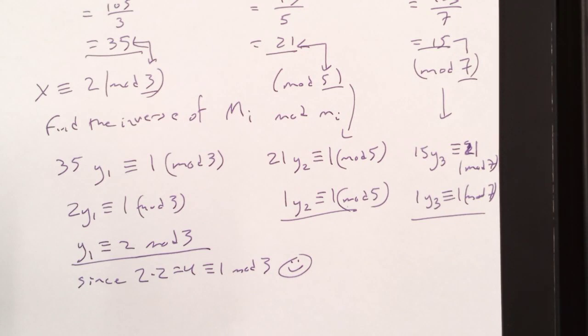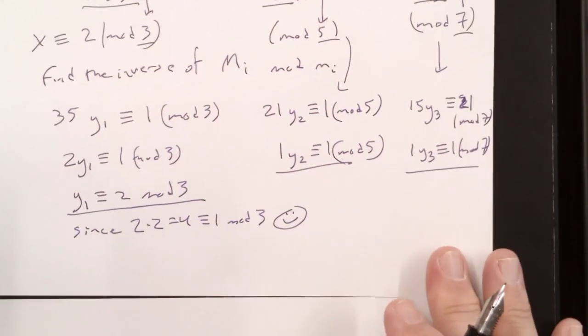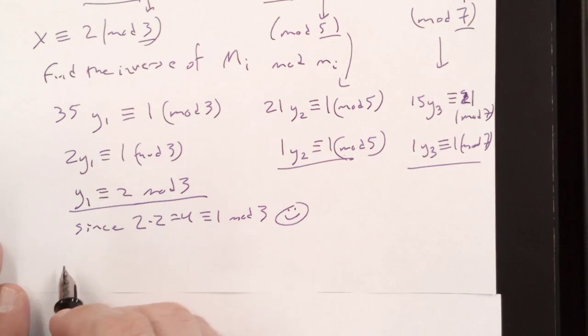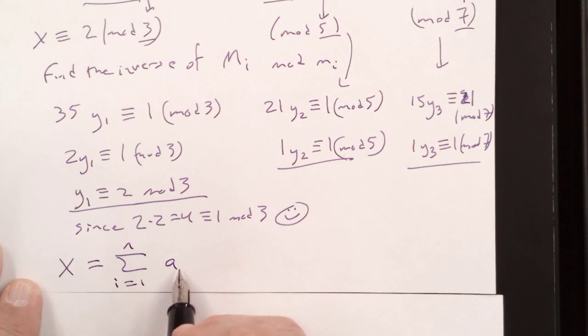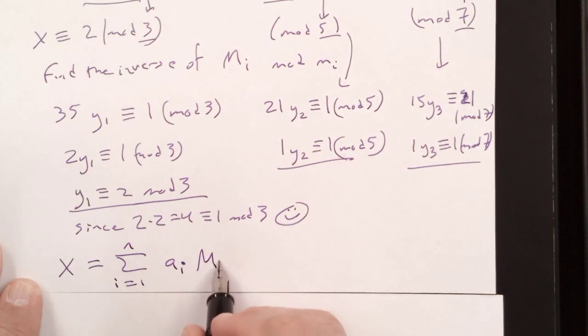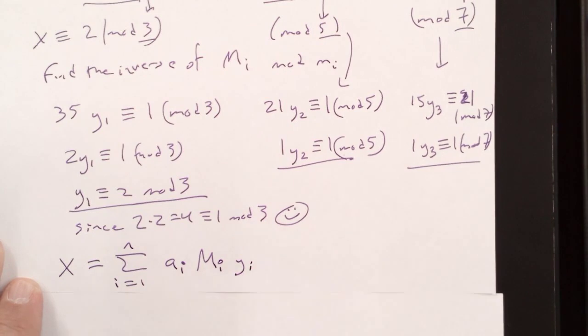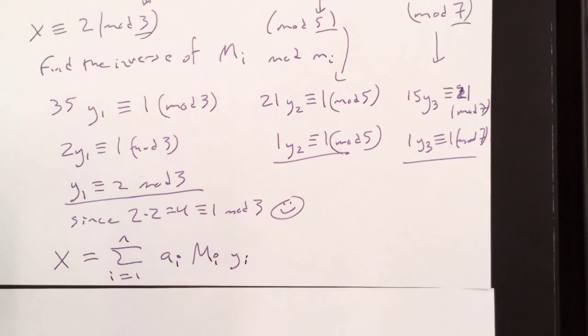Now, my value for x. You take the capital M's that you came up with in each statement. You multiply it by the y that you came up with in each statement.